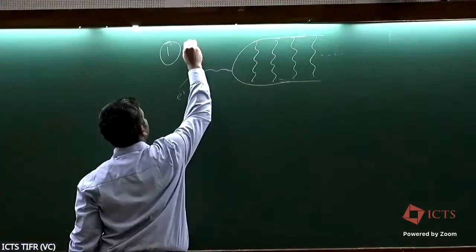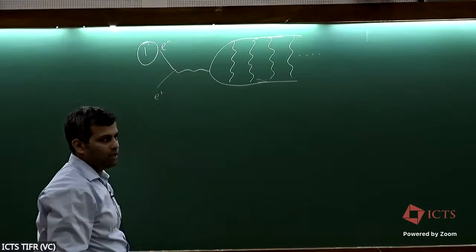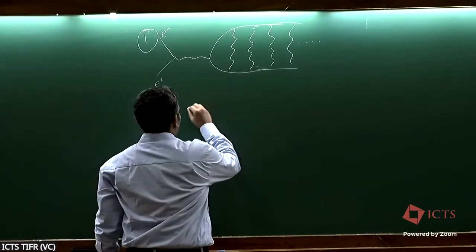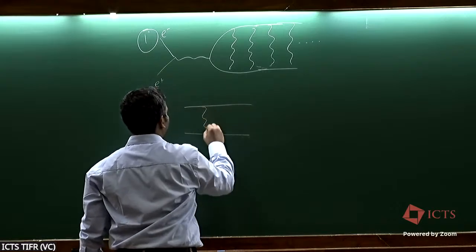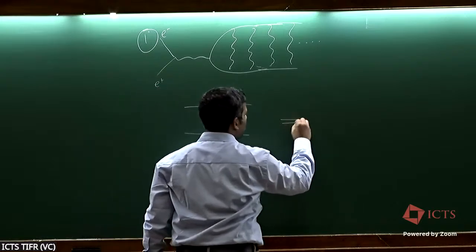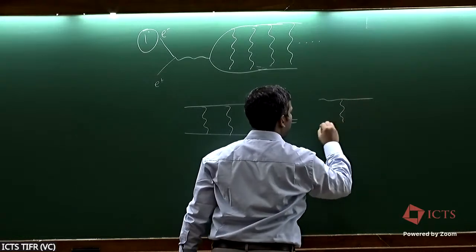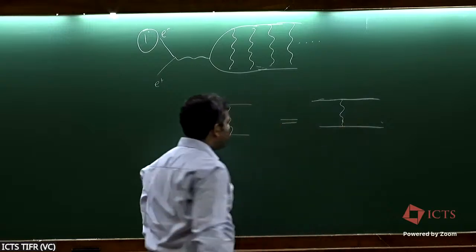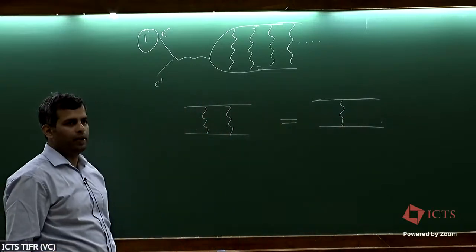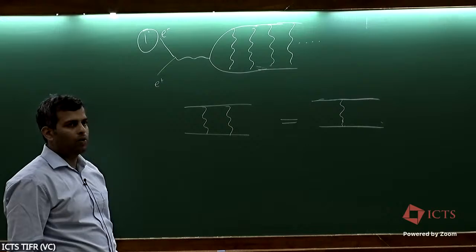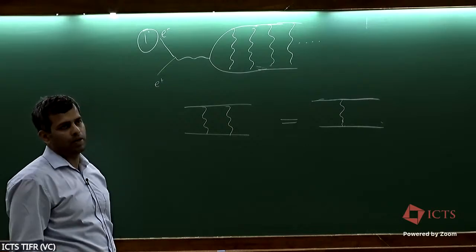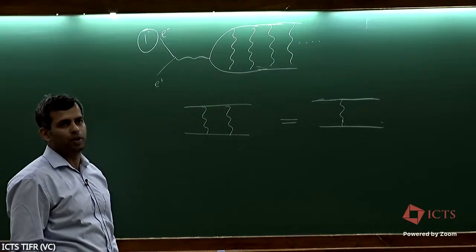Let's say this is generated from some e+ e-. We are not looking at the process right now, but my goal is to show that this one loop diagram is contributing at the same level as the tree level in power counting of NRQED when we are trying to study bound state systems of positronium, okay?